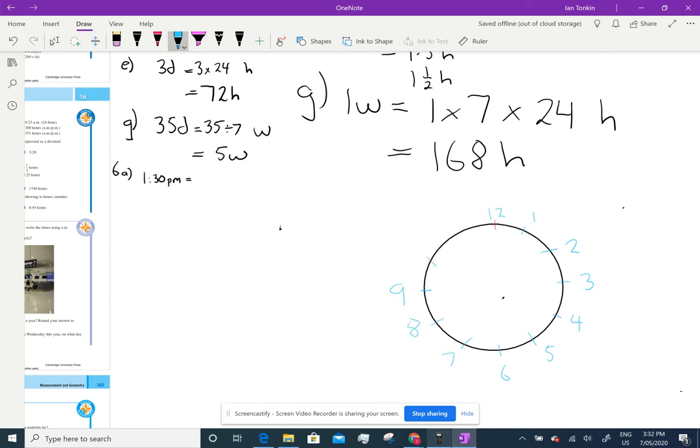I'm not doing it completely accurately. So there's our clock.